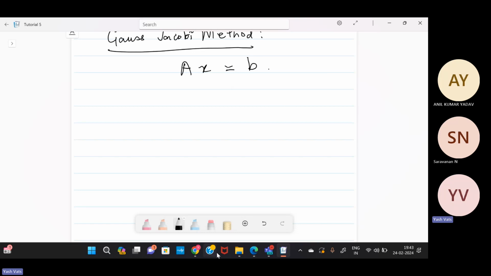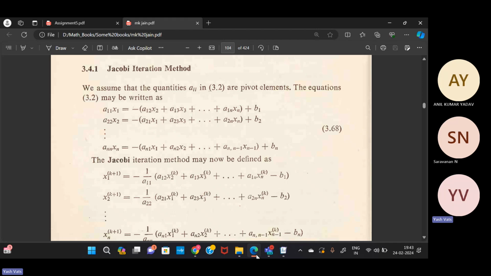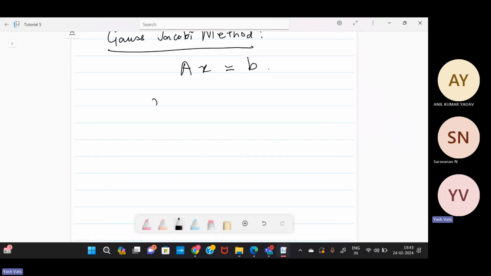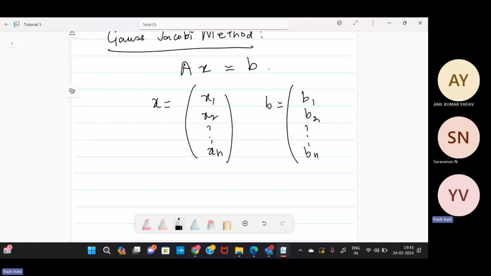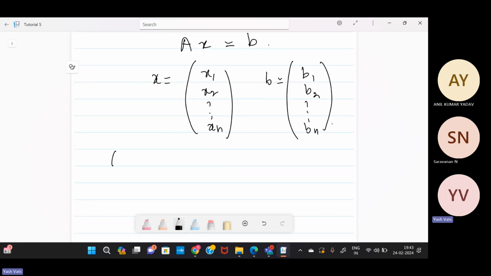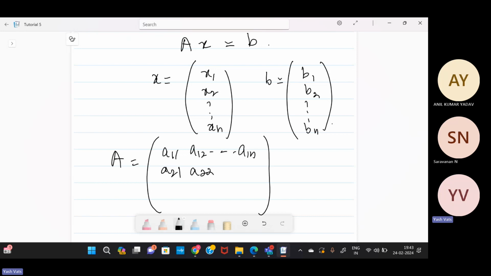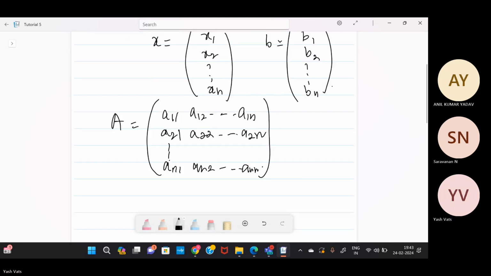Let X be X1, X2 up to Xn, and B is B1, B2 up to Bn, and A is defined as A11, A12, A1n, and like this A21, A22, and A2n. Similarly, An1, An2, Ann.